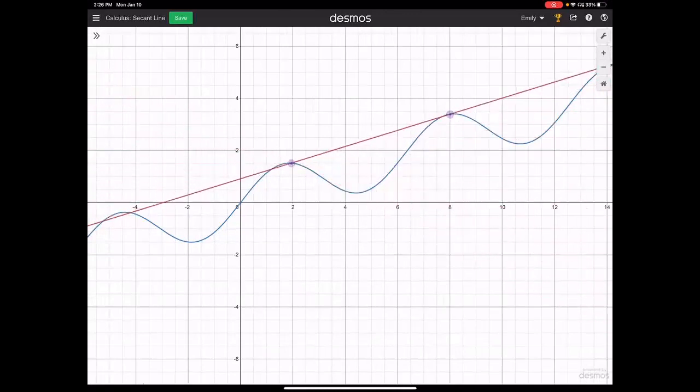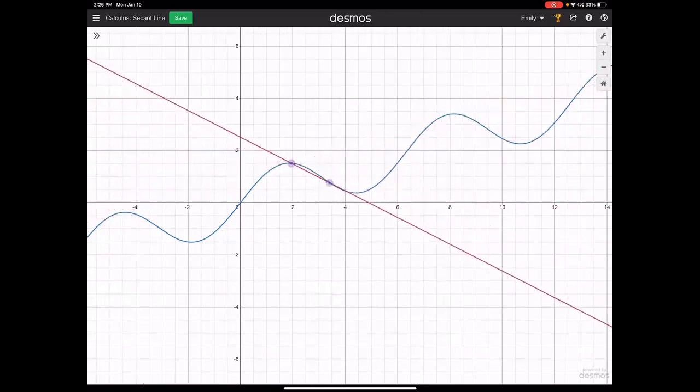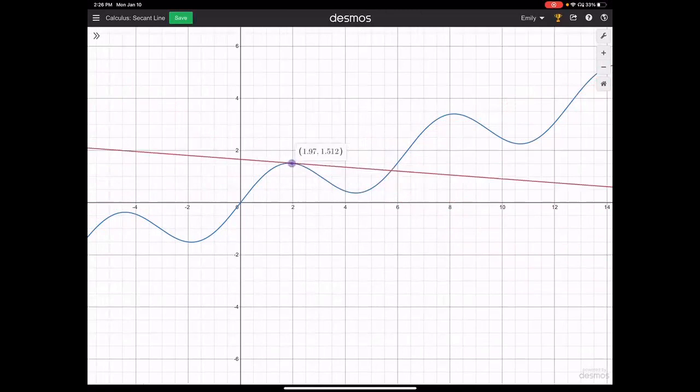You have these secant lines, and as that difference in x gets smaller and smaller, the secant line is going to get closer and closer to what is called the tangent line, and that is the instantaneous rate of change.